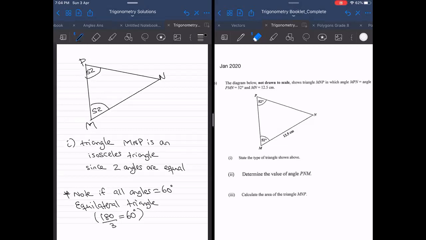Okay, what about angle P and M? Remember that angles in a triangle sum to 180 degrees.